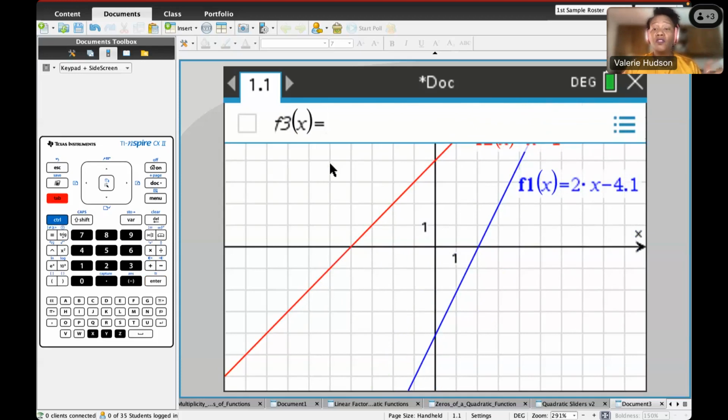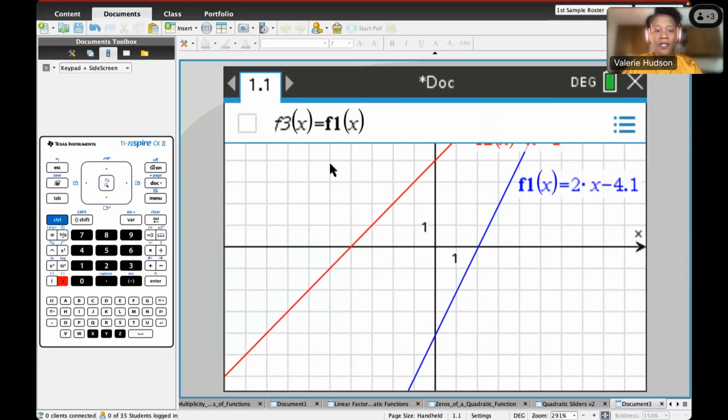Since my two equations were typed in as f1(x) and f2(x), I'm just going to multiply f1(x) and f2(x). Now notice when I typed that 1, it got bold. That means the calculator knew, because we gave it a meaning when we entered that equation.